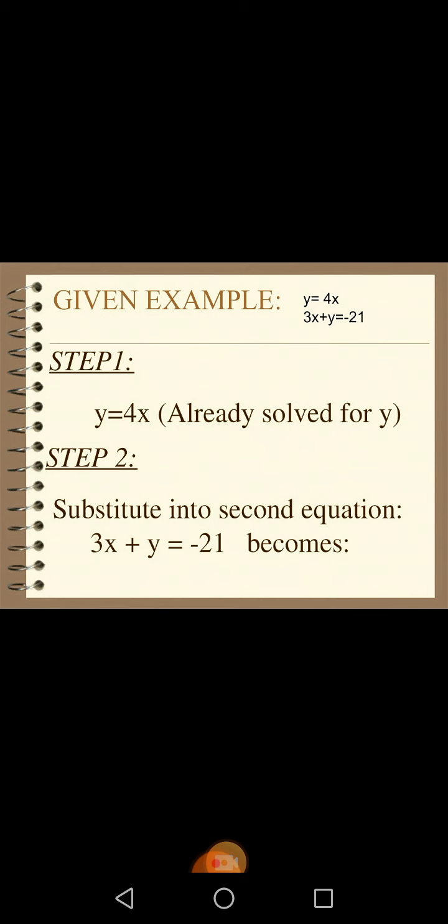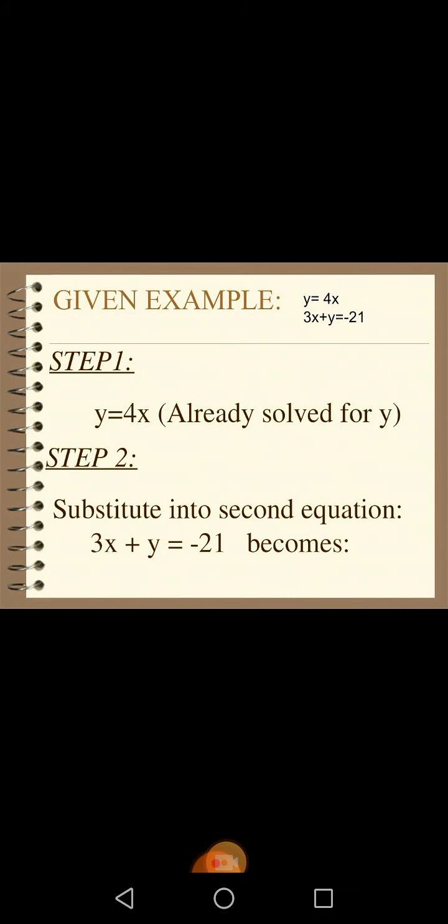I just write step 1, y equals 4x. What about step 2? Substitute into the second equation. I will write the second equation, 3x plus y equals negative 21. Then I remove y and substitute its value, 4x.